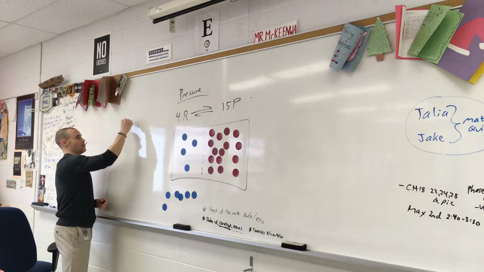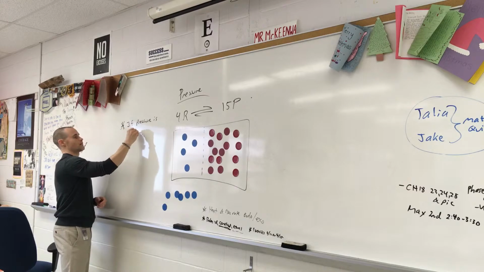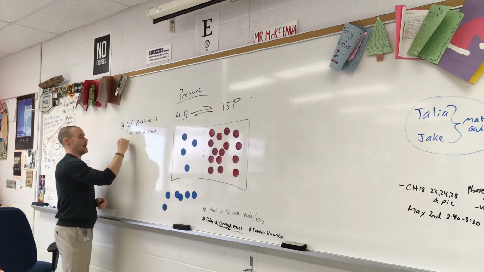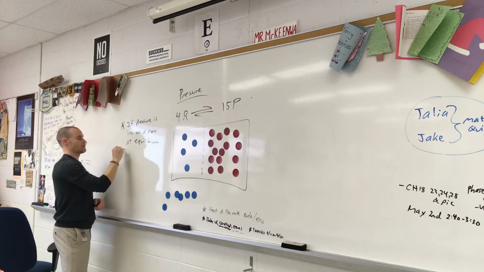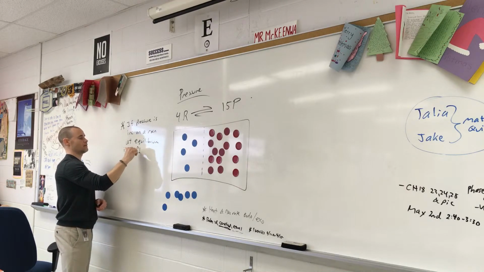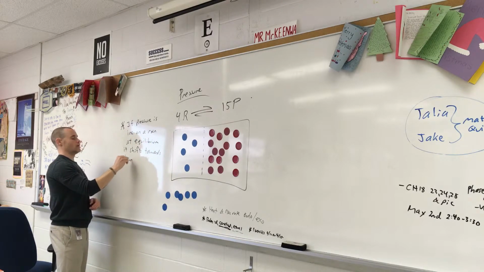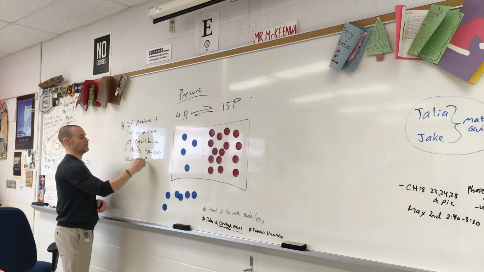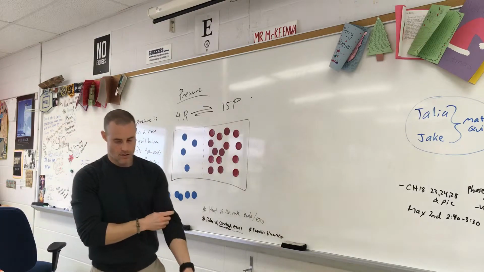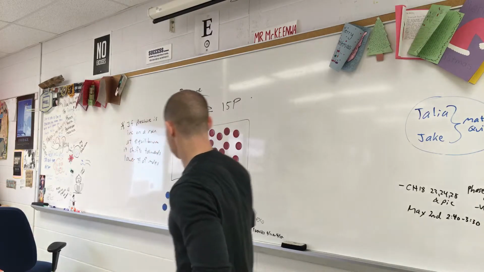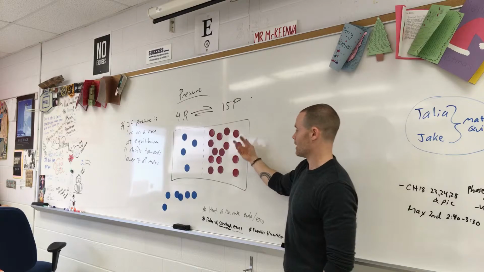So if pressure is increased on a reaction at equilibrium, it shifts towards the lower number of moles. And again, the analogy is the side with more moles feels that pressure first, and it gets very uncomfortable.